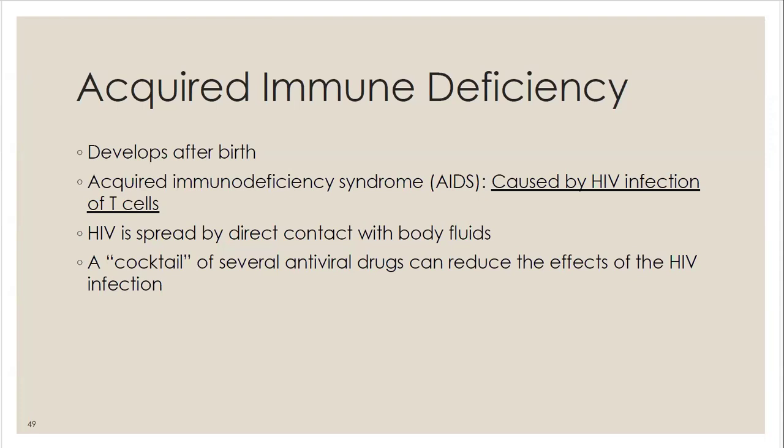HIV is transmitted through direct contact with infected bodily fluids, such as blood, semen, vaginal fluids, or breast milk. Treatment is a combination or cocktail of antiviral drugs called antiretroviral therapy, or ART, and it can reduce the progress of HIV infection.